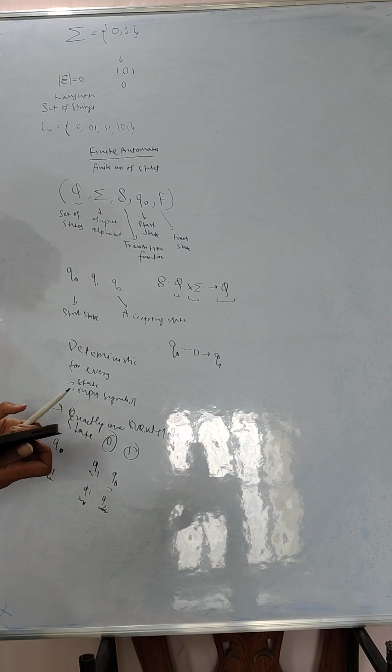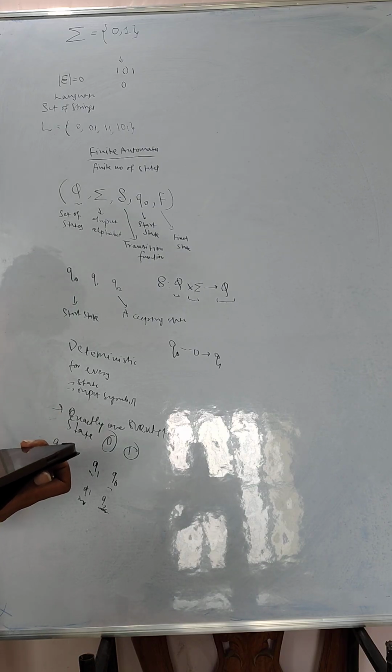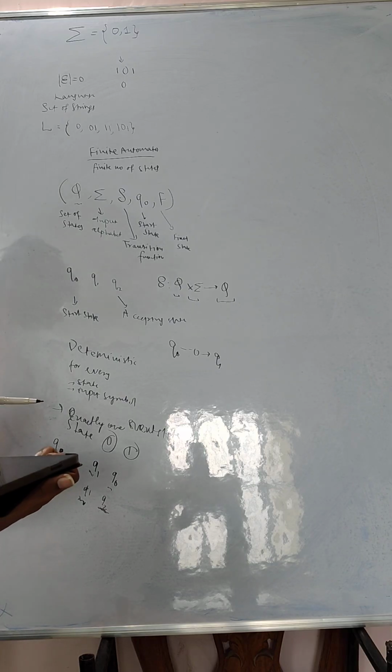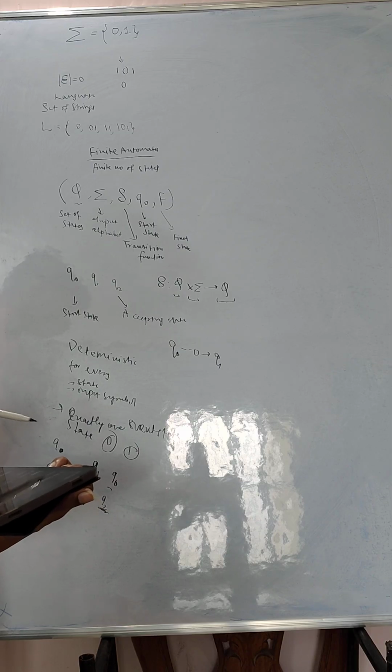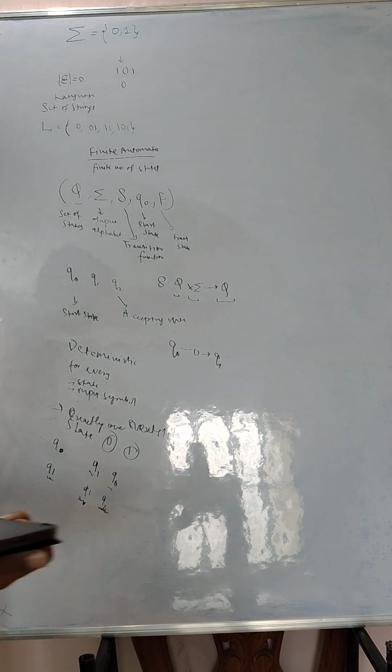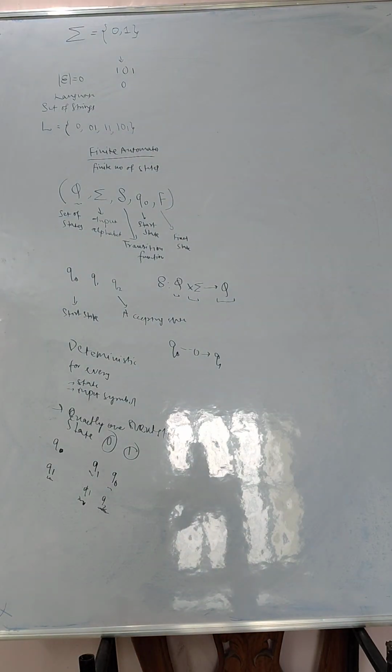A string is accepted if after the complete input, the machine ends in a final state. Suppose Q2 is final and the input is 101. If the final state is reached, it is accepted. Now there is an example: a language of strings ending with 1. So I need a language in which strings end with 1.